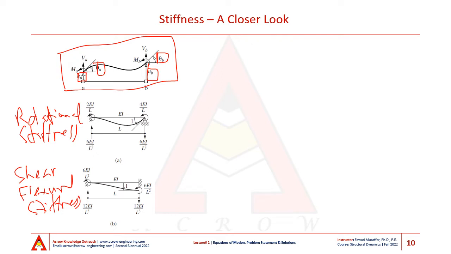Let's look at the rotational stiffness first. What we are seeing here is the configuration of forces that is required to give me a rotation of 1 radian at my node B without any rotation or movement at node A and without any vertical movement of node B.